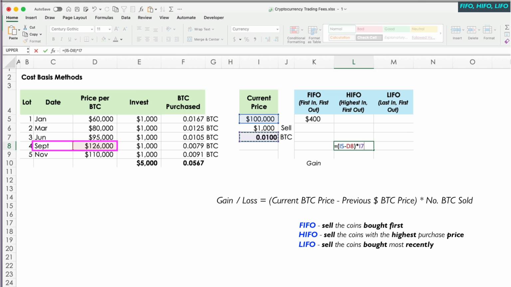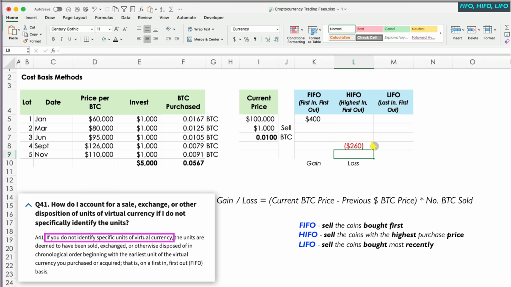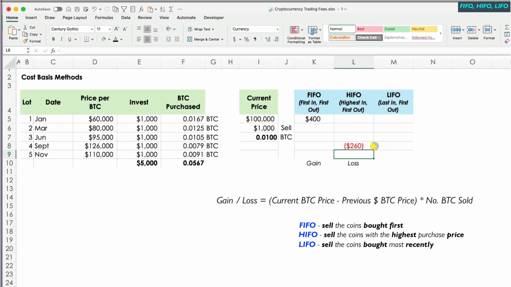Then I multiply it by the 0.01 fraction of a Bitcoin I'm selling, which results in a $260 loss. HIFO can reduce taxable gains or even create losses in the short term. The IRS allows this method only if you can clearly identify the specific units sold and keep detailed records. You must also use the method consistently.